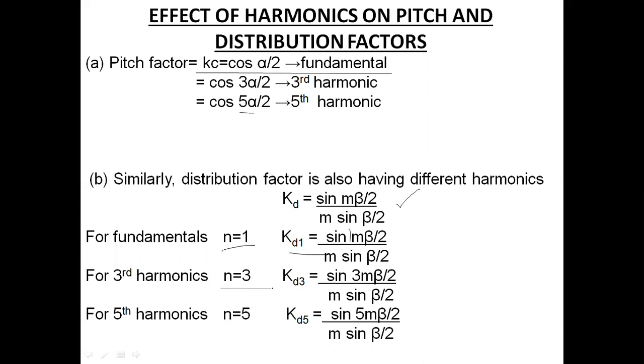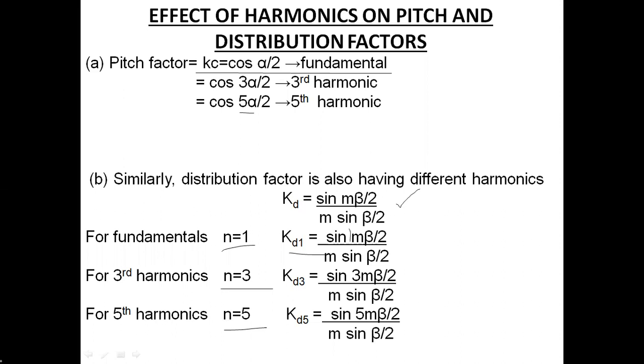Next, for third harmonic, Kd3 is equal to sine 3m beta by 2 by m sine beta by 2. And for fifth harmonic, Kd5 is equal to sine 5m beta by 2 by m sine beta by 2.